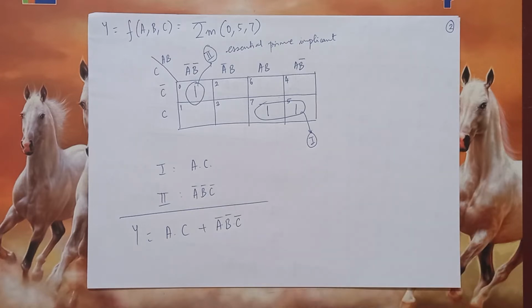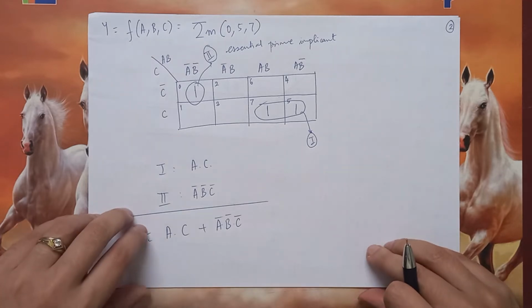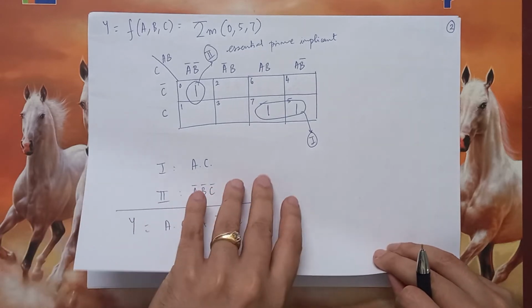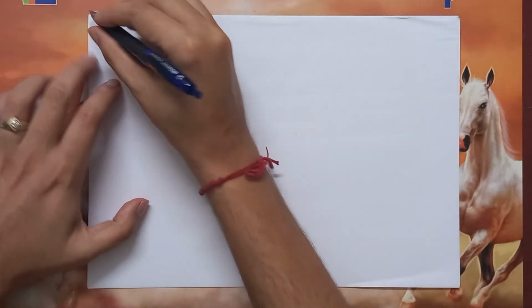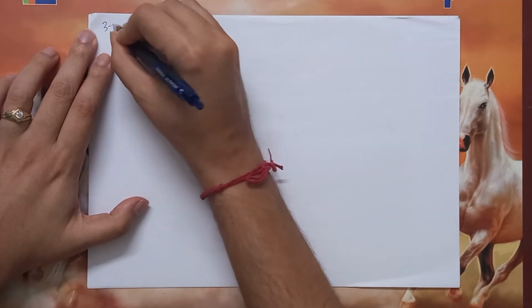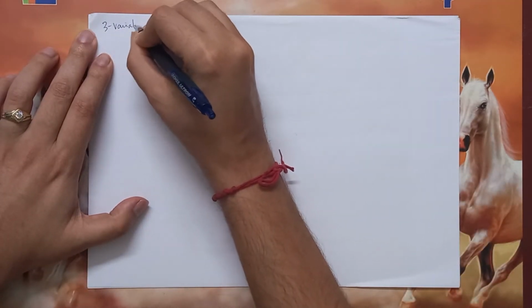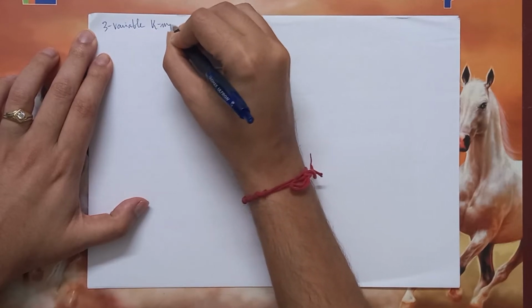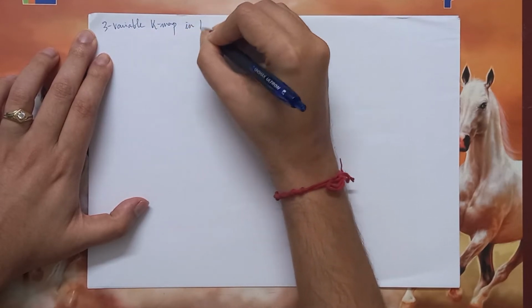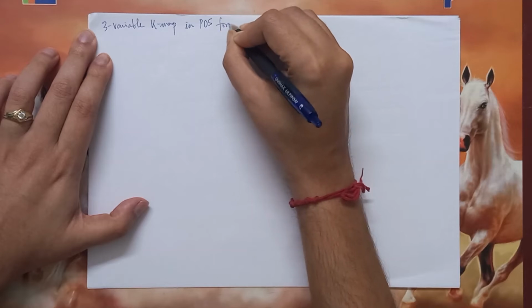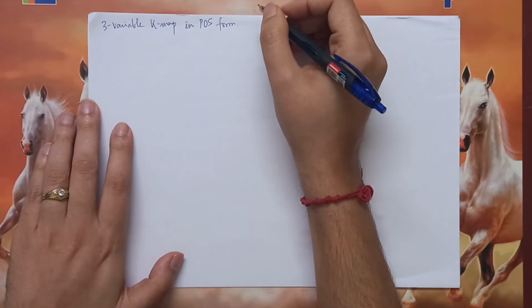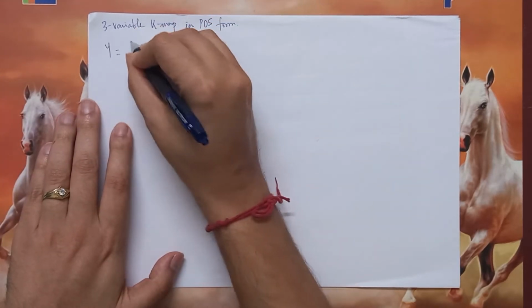Right? Let us, just for the sake of completion, also look at how to solve a 3-variable K-map in POS form. So let us say I have this canonical form.